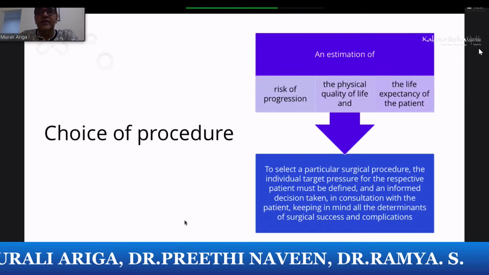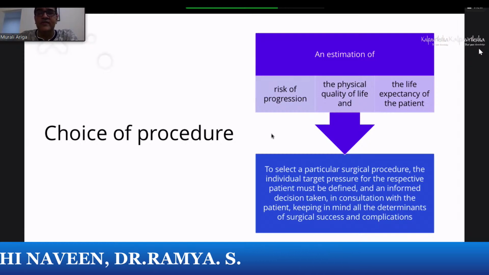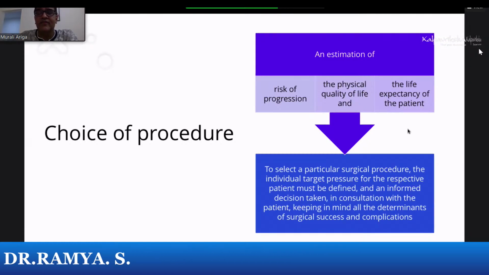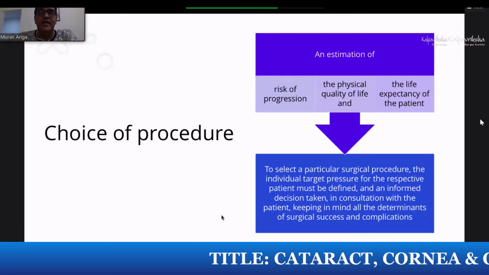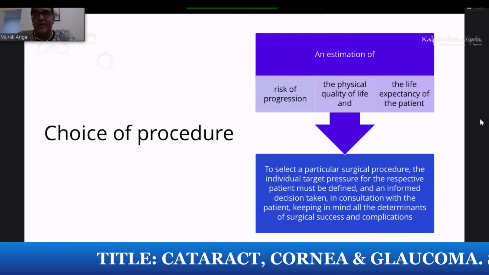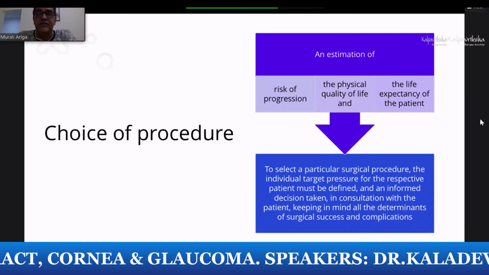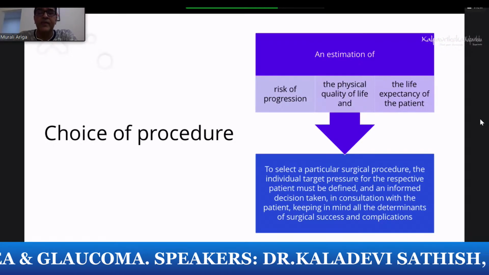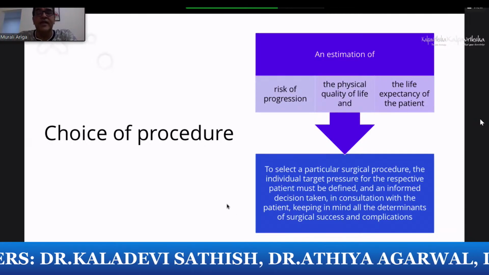Then comes the estimation of the risk of progression, the quality of the patient's life and what he is actually expecting from treatment, and the life expectancy of the patient. In choosing any particular surgical procedure, the target pressure must be decided and defined. Informed consent is taken regarding the nature of the procedure: is it trabeculectomy, a combined surgery, or a glaucoma drainage device, keeping in mind all the determinants of success and complications in any given patient.